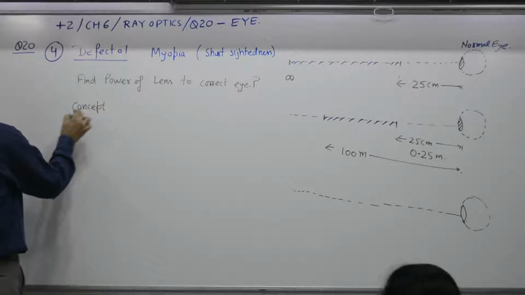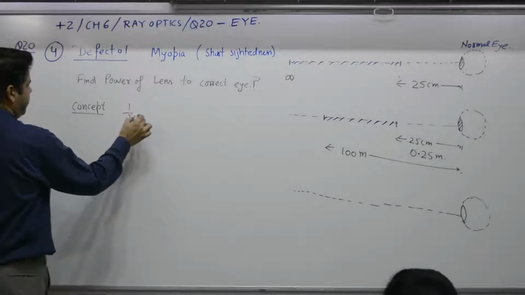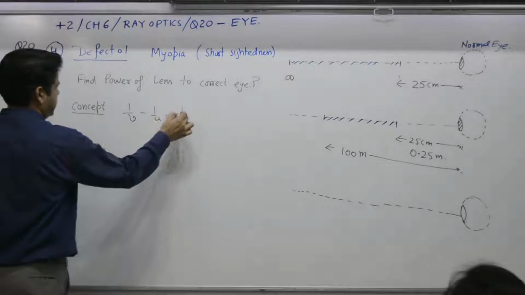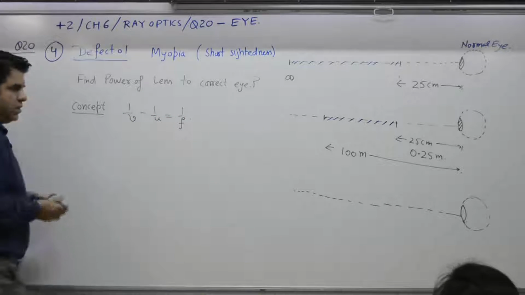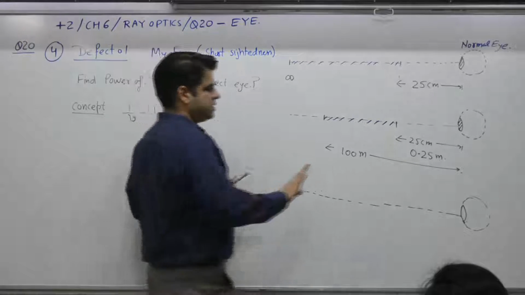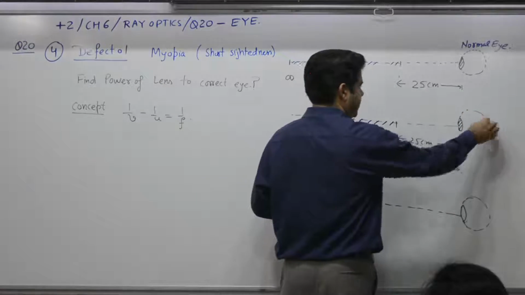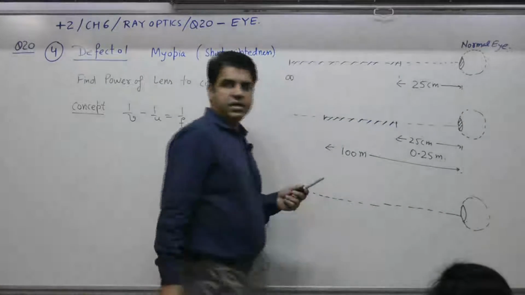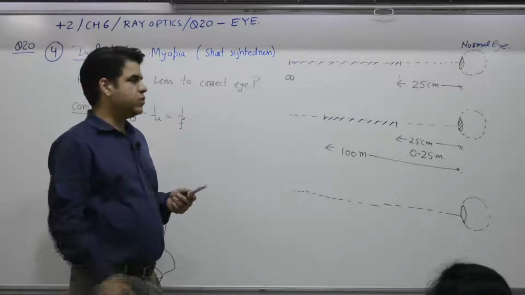The concept is the formula 1 by v minus 1 by u is equal to 1 by f. We will place the lens in such a way that it corrects the shift in far point. I will give you the reason at the end.